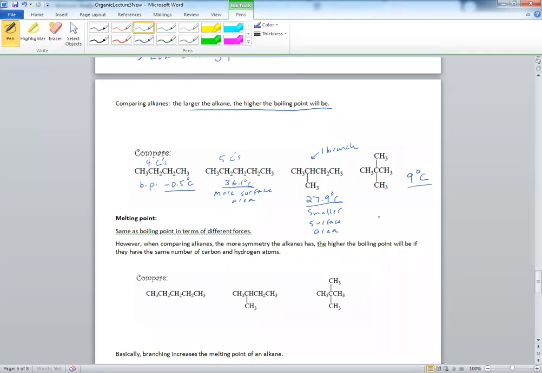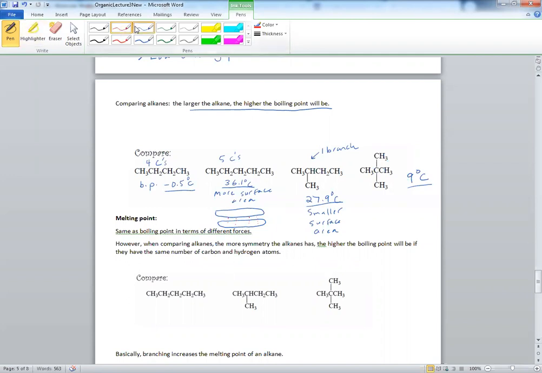Think about it. This one looked kind of elongated like this. Here's another one. You see that there's more surface area between the delta plus and the delta minus, so the interaction can take place in between.